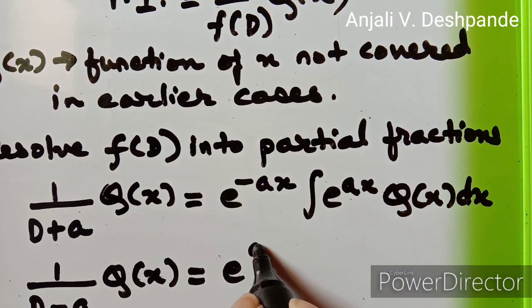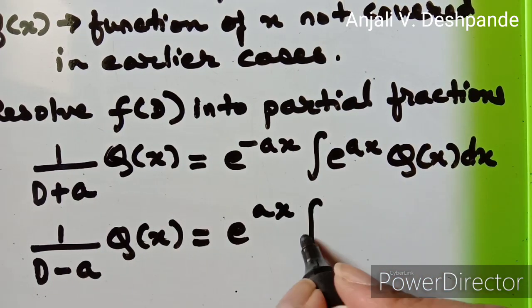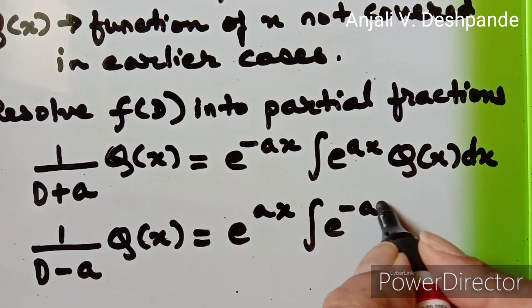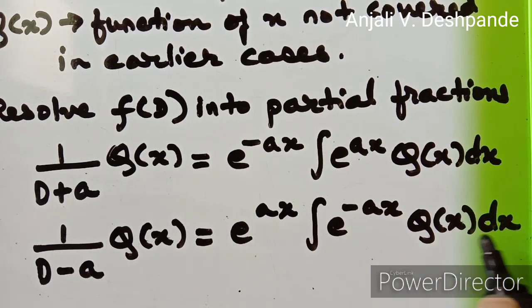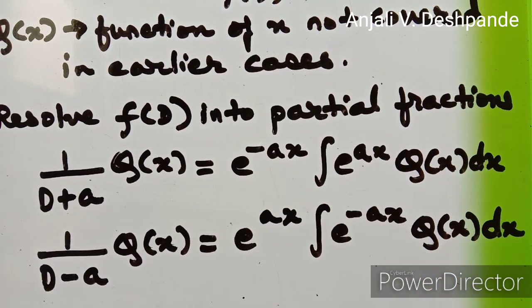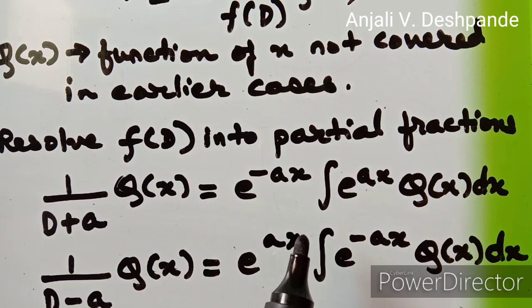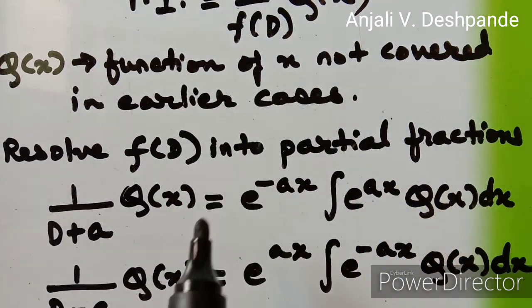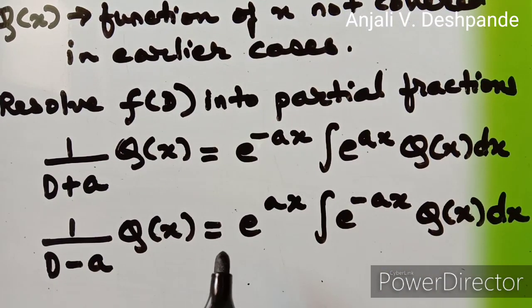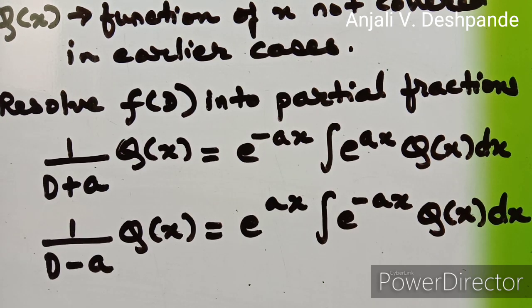So here you will have e raised to ax integration e raised to minus ax Q(x) dx. So this is the rule which we have to use supposing this function Q is not covered in any of the earlier cases. Now we will see the supporting example.